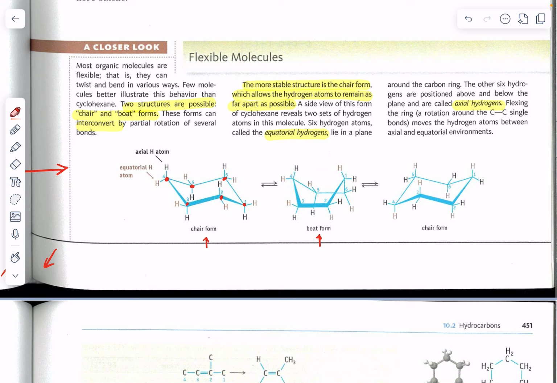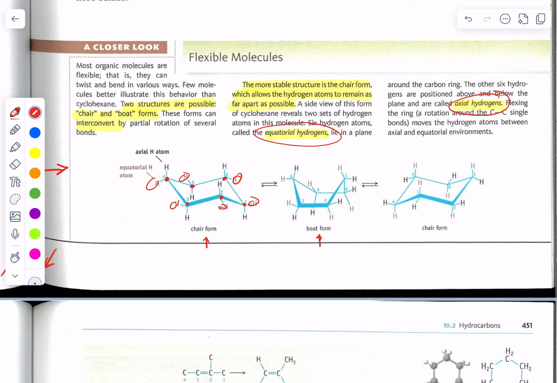You might also notice that we talked about the equatorial hydrogens and the axial hydrogens, just like we've talked about that in the previous screencast and in the previous chapter. The idea that you can have your hydrogens, these hydrogens here, that are in the plane of the molecule, roughly speaking, even though it's bent, and then sticking straight up into the air or straight down into the air, so to speak.